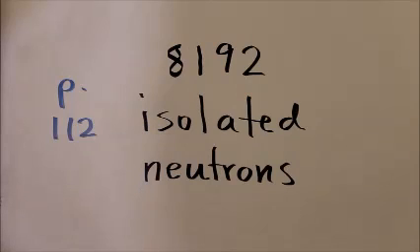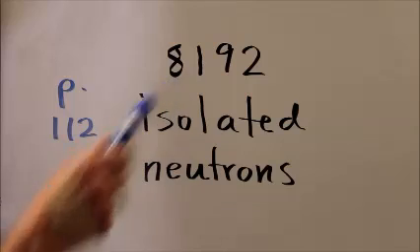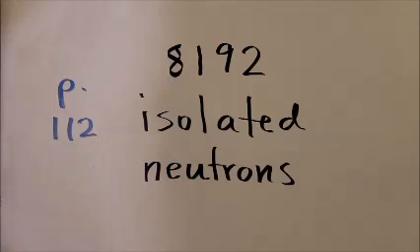Imagine a group of 8,192 neutrons floating around in outer space, not interacting with each other or with anything else. That means they're isolated. Roughly how many neutrons should we expect to find remaining in this hypothetical swarm after one full Earth day has passed?